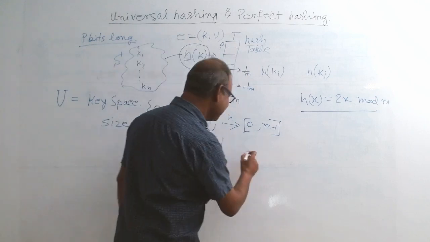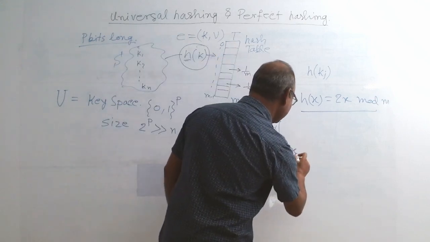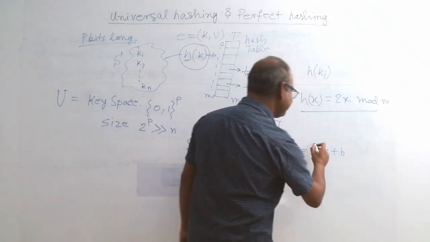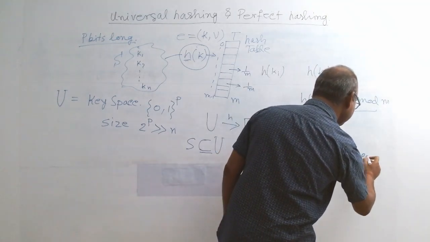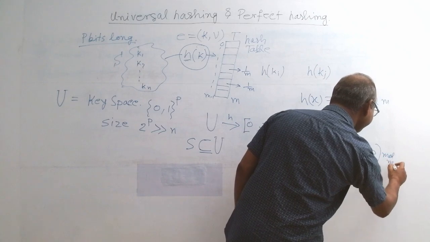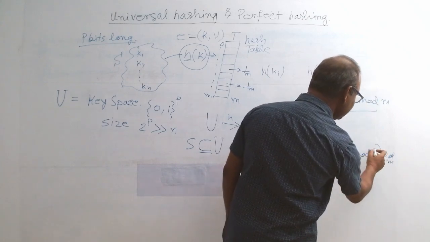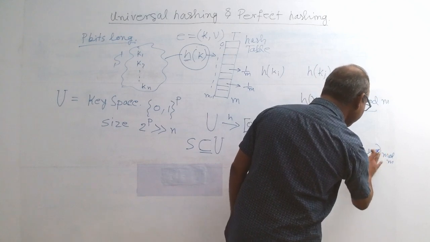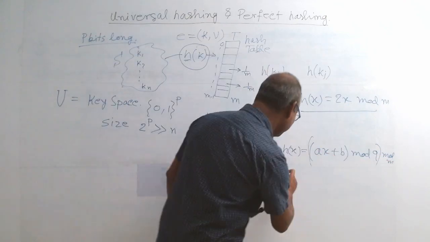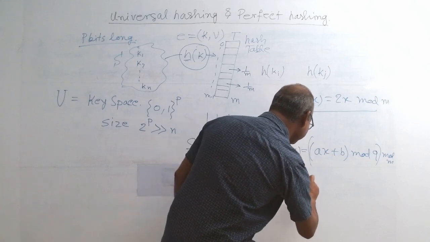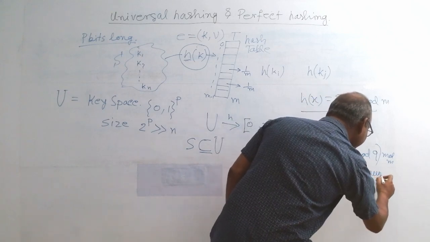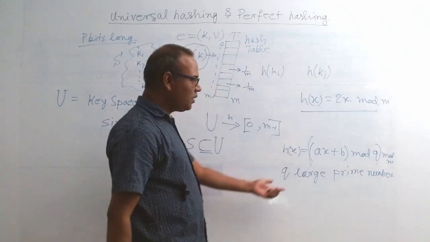An example of a universal hash function is h(x) equals (ax plus b) mod q, then mod m, where q is a large prime number. We write q because we have already used p. Why a large prime number?